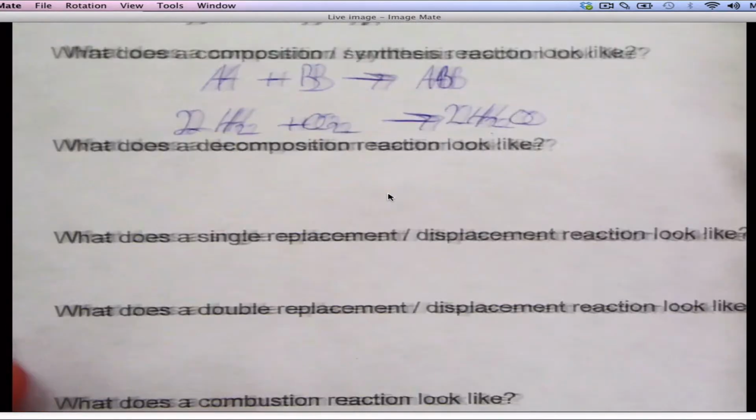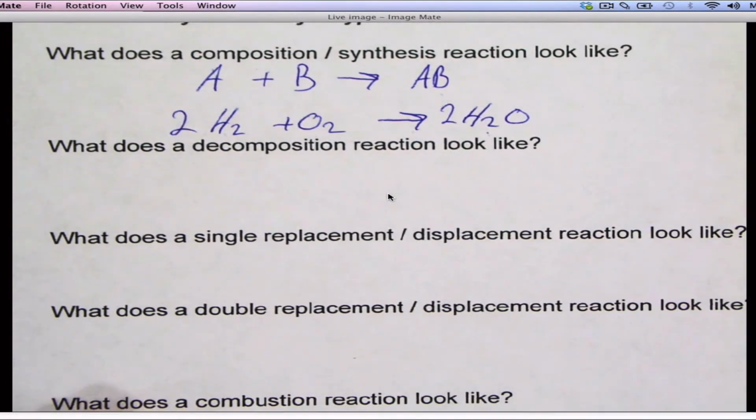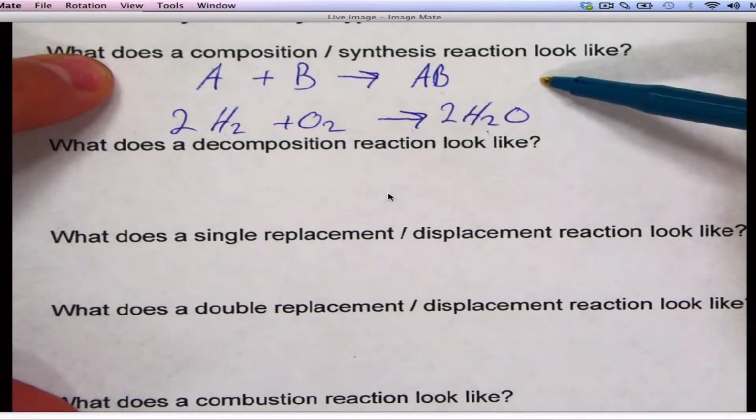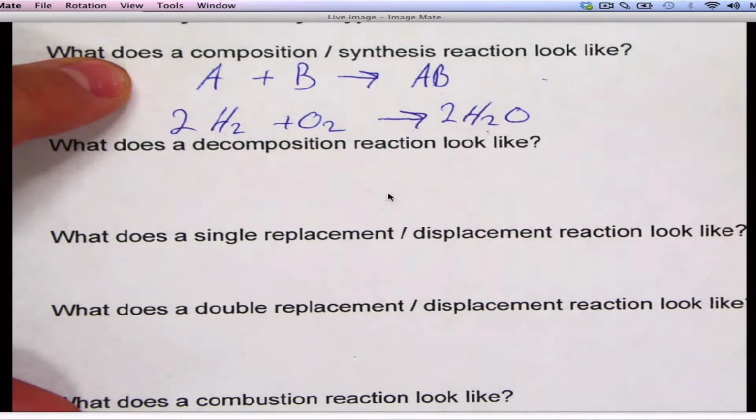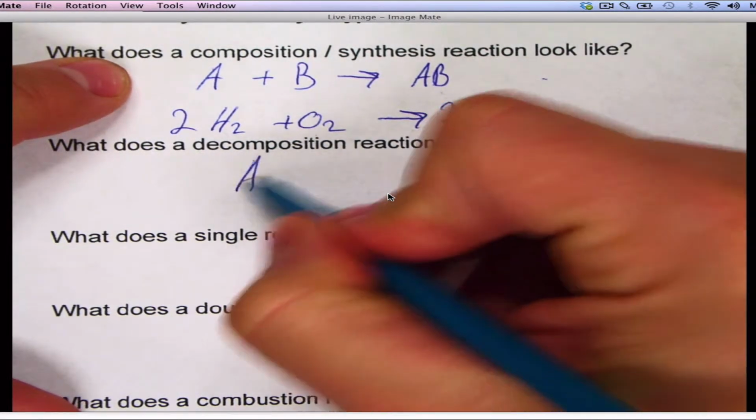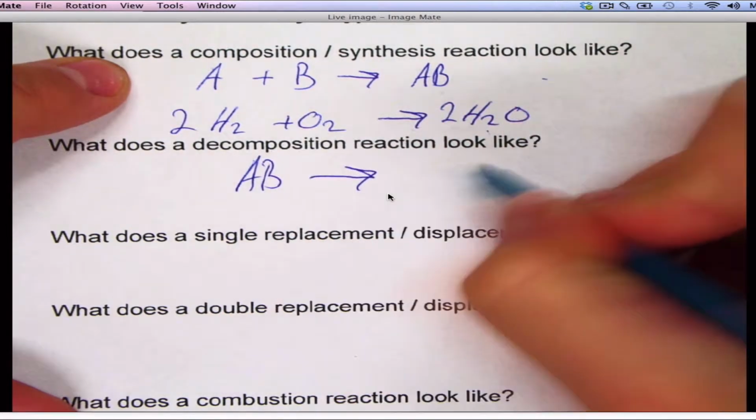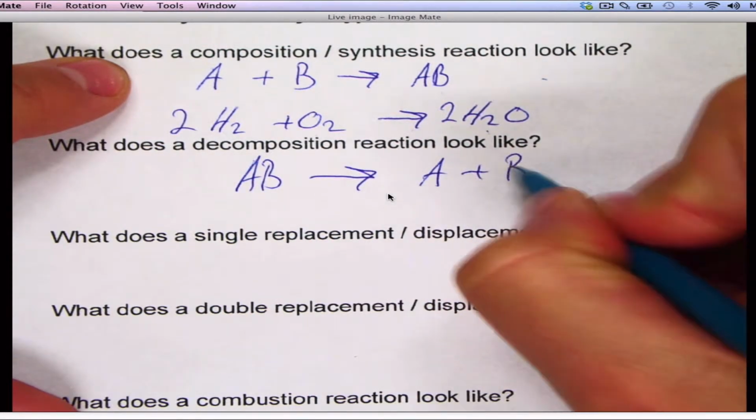Then the next reaction we're going to talk about is decomposition. So decomposition is the opposite of composition. All right, so let's flip it around. Now you have the compound and it breaks down into its parts.